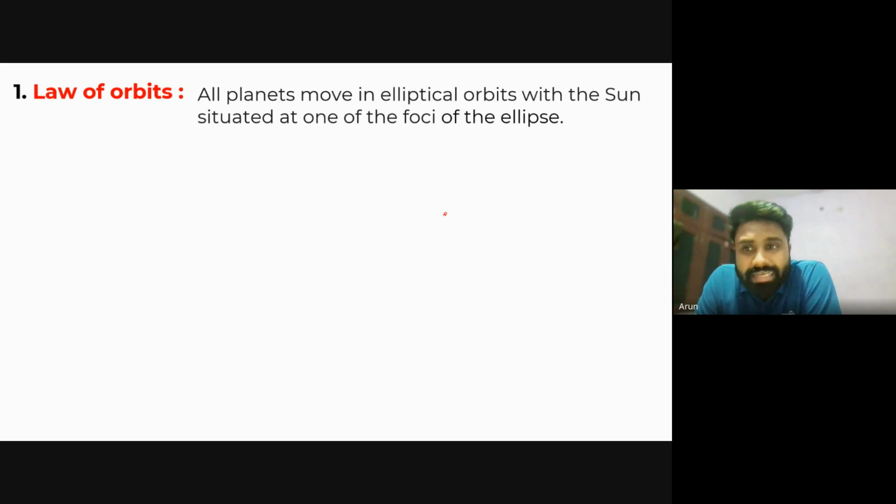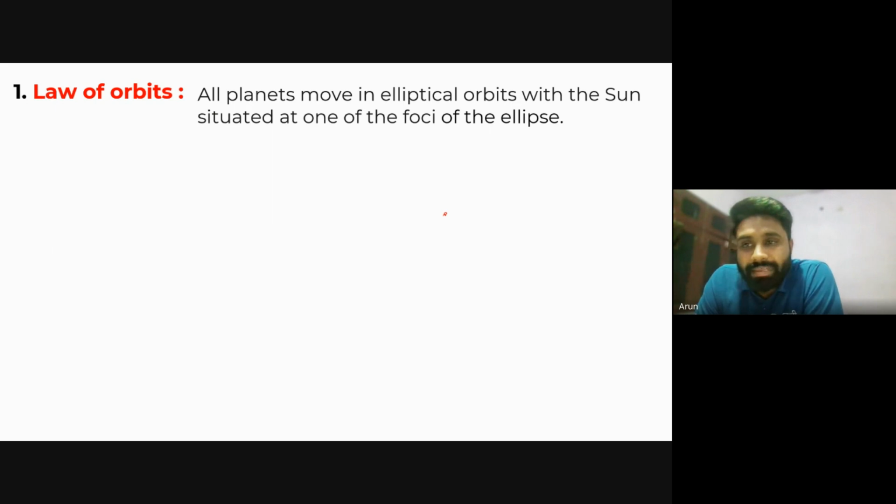He has told us that each and every planet is definitely revolving around the sun. There is no doubt in that. But they are not revolving in a circular path. Oh my goodness. What is that? So which kind of path, which kind of trajectory are they taking?